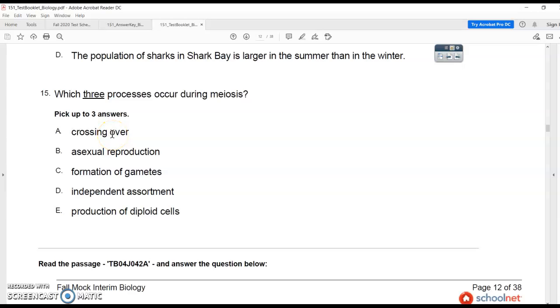Remember, crossing over specifically occurs in prophase 1 of meiosis 1. Formation of gametes or sex cells would be the second option. And then independent assortment that occurs during metaphase 1 of meiosis 1 would be the third option. So for 15, your answer would be A, C, and D. B and E would be answer choices for mitosis, not meiosis.